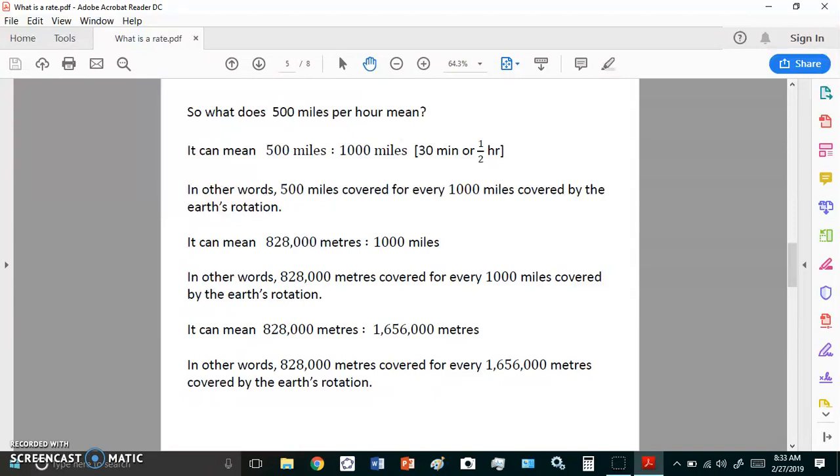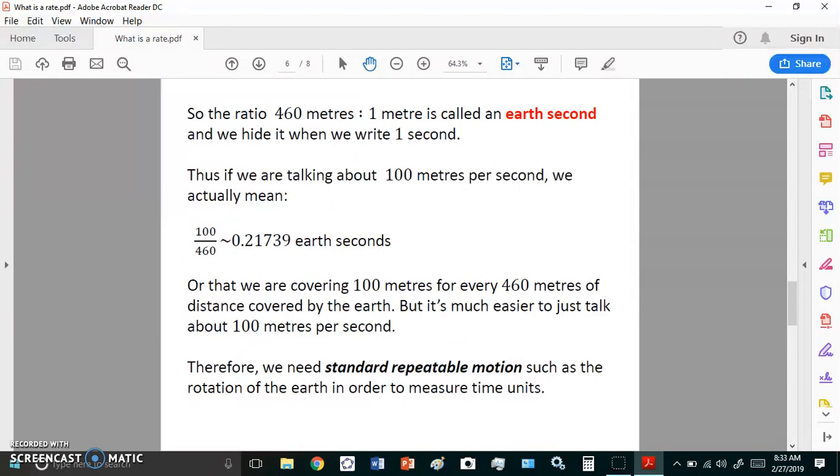It can also mean 828,000 meters to 1,000 miles, or many other different ratios. So the ratio 460 meters to 1 meter is called an Earth second, and we can hide it. And we do hide it when we write 1 second.